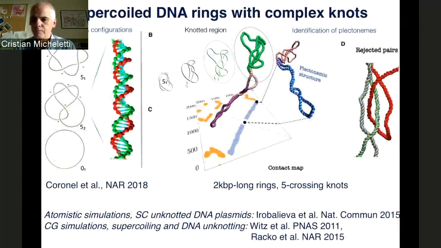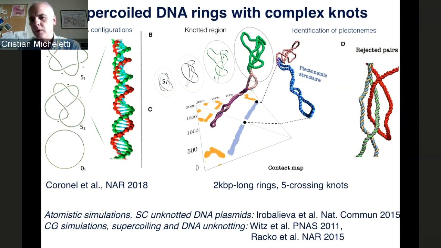And so for the very last part of the talk, it will just be a couple of minutes or a couple of slides, I would like to connect the translocation process to the problem that I mentioned, the simplifying action of topoisomerase enzymes on DNA. Experiments by biologists have been performed on plasmids of DNA, so circular DNA of a few thousand base pairs, that can spontaneously form complex knots in vivo.